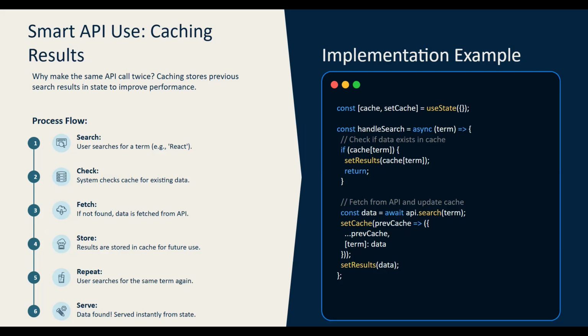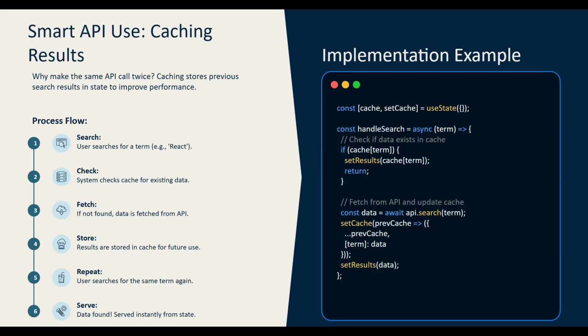So in this example code, the cache is nothing but an object in state, and then the search function just checks the cache to see if the existing result does exist or not.